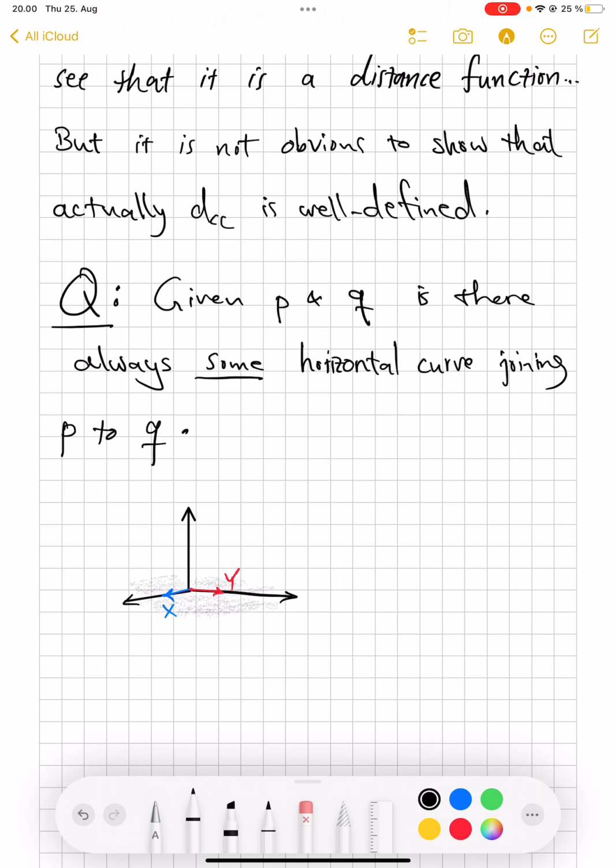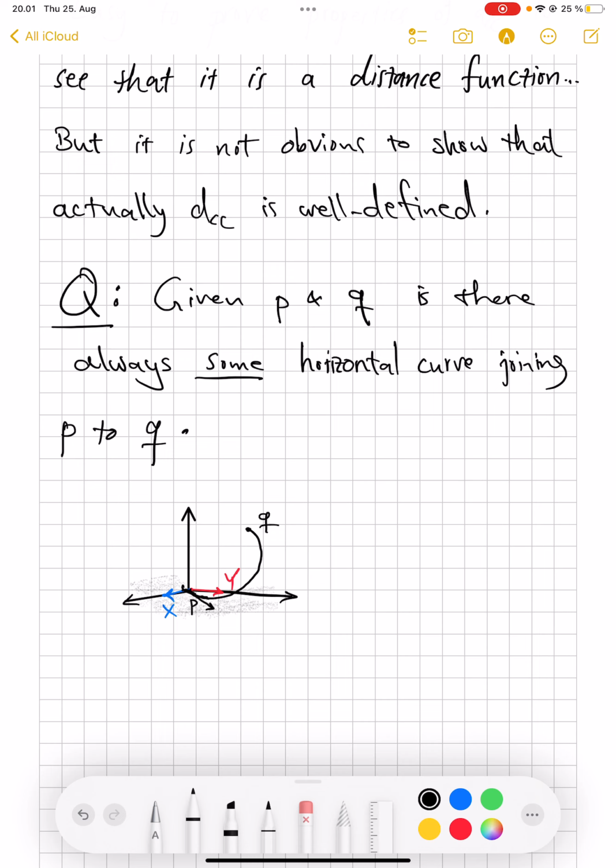Even if your end goal is to reach a point Q up here, you can't just connect it with a straight line, because the tangent will not be in the horizontal direction. So initially, you have to take off somewhere tangent to this plane, for example like this, and then hope that you can spiral up and reach that point Q that you wanted to reach.